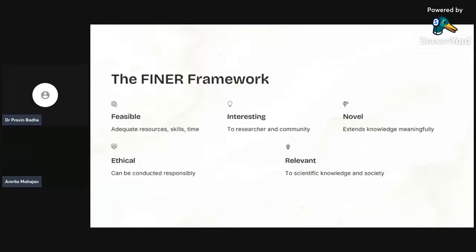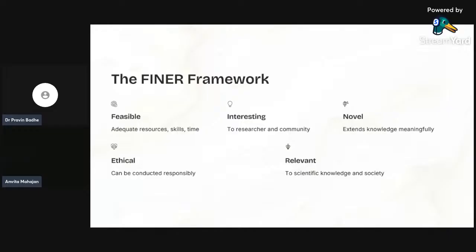And then comes interesting. The question should matter to you and the society. Novel, that I have mentioned already. Does it bring anything new, new knowledge or a fresh perspective on your study? Then ethical. You need to be ethical. It can be conducted responsibly without doing any harm to humans.